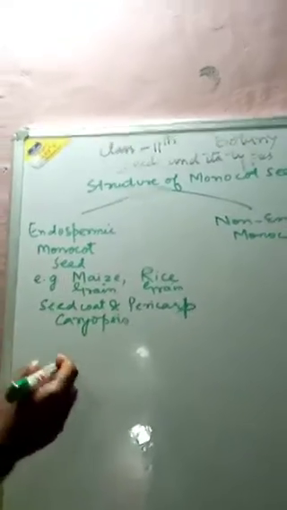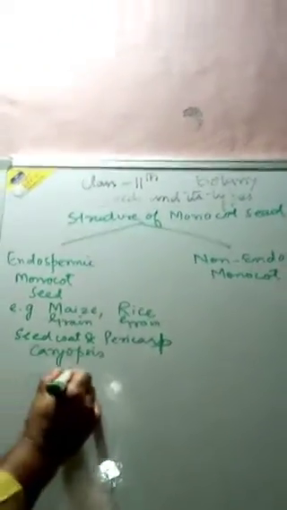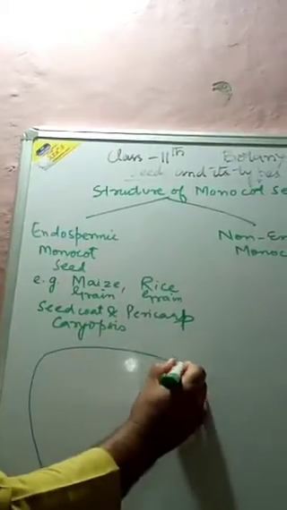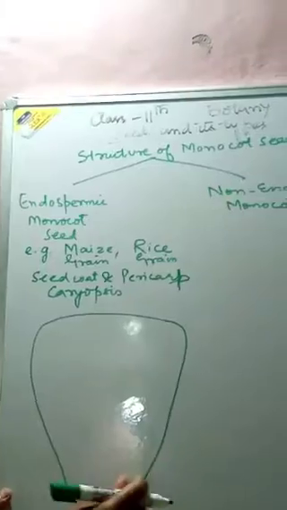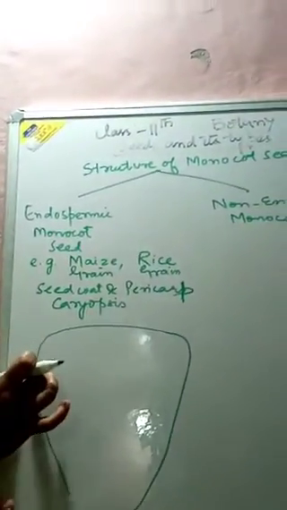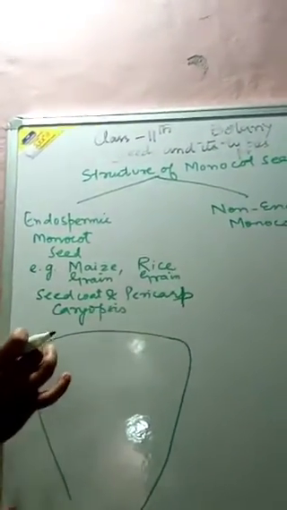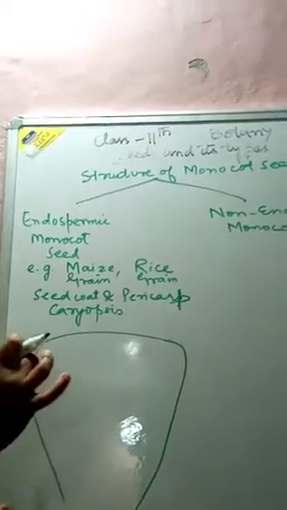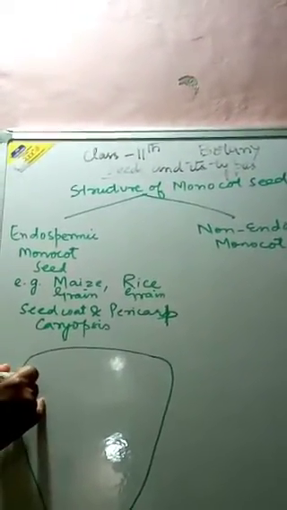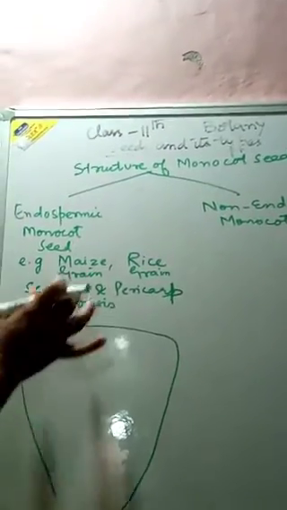Now when we draw the diagram of this maize grain, we will see no testa or tegmen, no two different layers of the seed coat is found, but we can simply call it the grain.